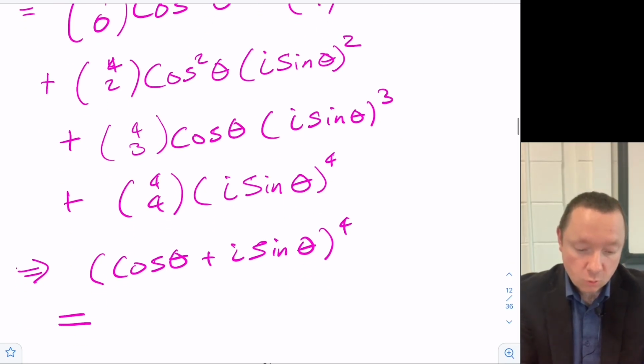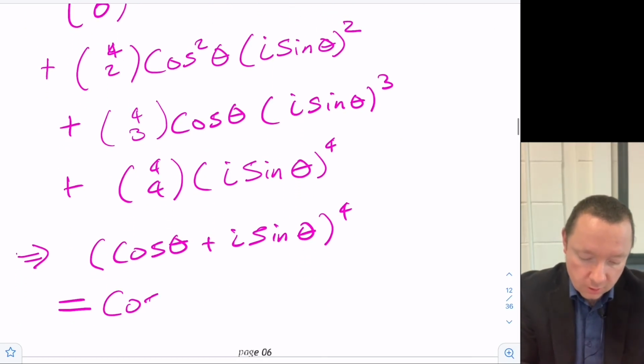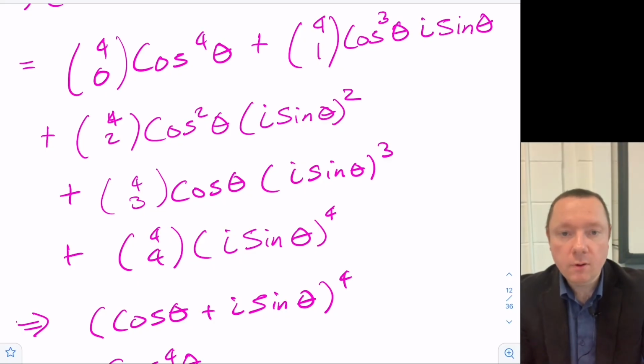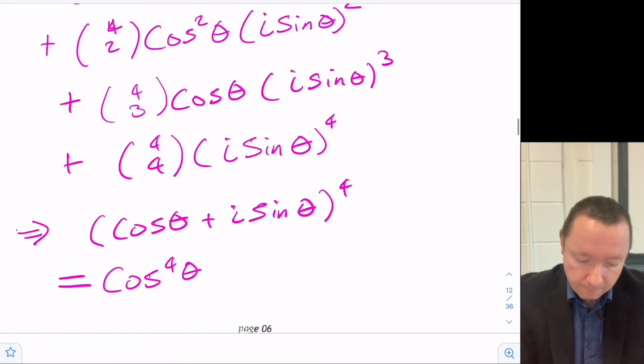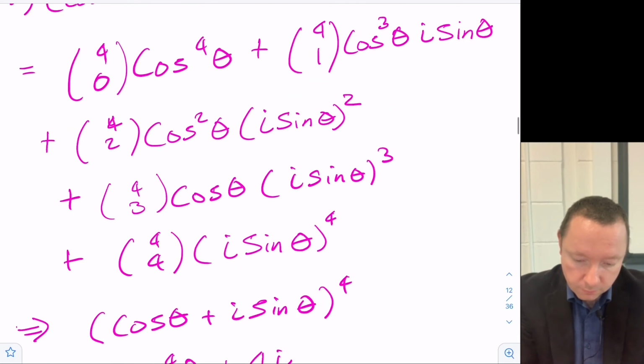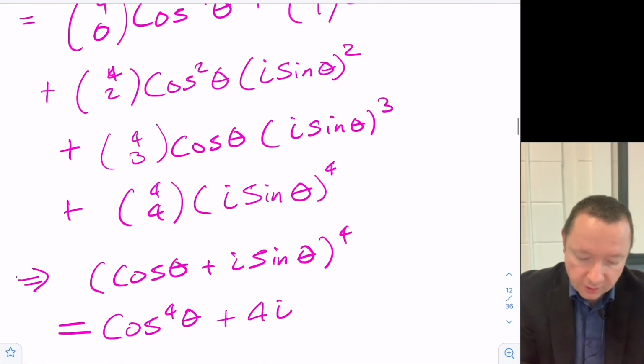So 4 choose 0 is 1, so we've got cos to the power of 4 theta. 4 choose 1, well that's 4 factorial over 1 factorial, 3 factorial if you were taking your time, which is just 4. So you've got 4i cos cubed theta sin theta.